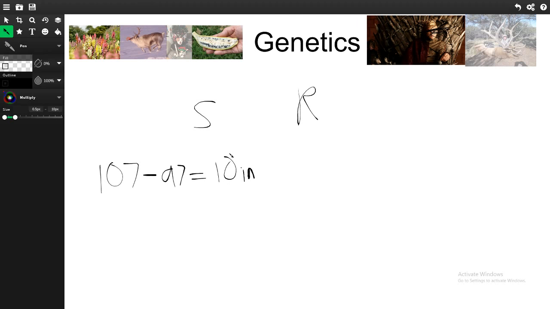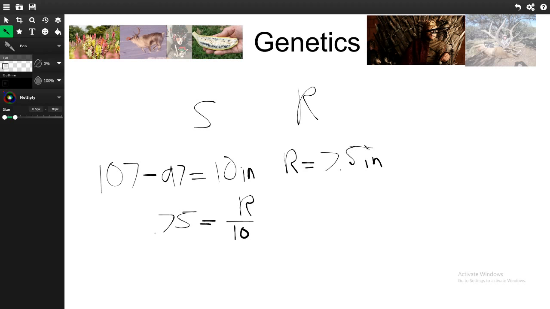Now we can solve for R, because we know the heritability value to be 0.75, and heritability equals R over S, and we just solved for S. So 0.75 equals R over 10. And R, which again is the response to selection, would just be 7.5 inches.